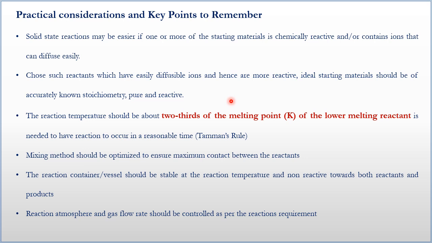So it should be at least 2/3 of 700 degrees centigrade. So 2/3 of the melting point of the lower melting reactant. It is also called Tammann's rule. So the starting materials are chosen keeping this point also in mind.